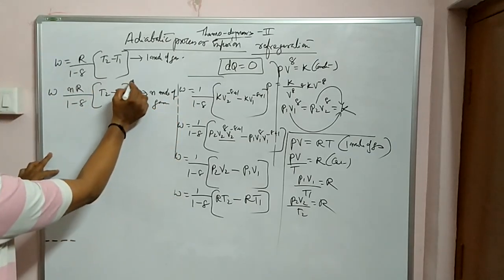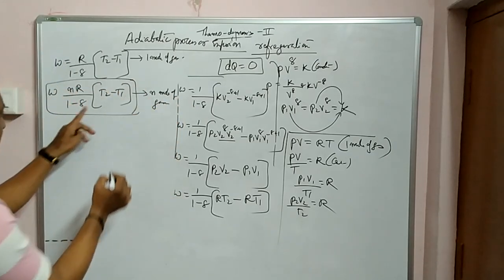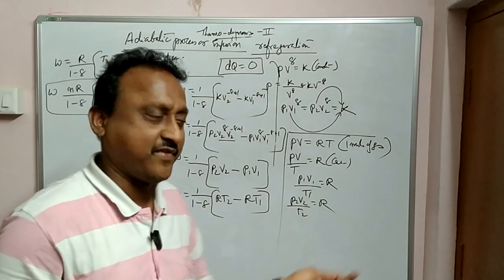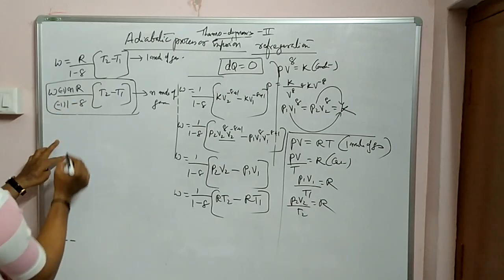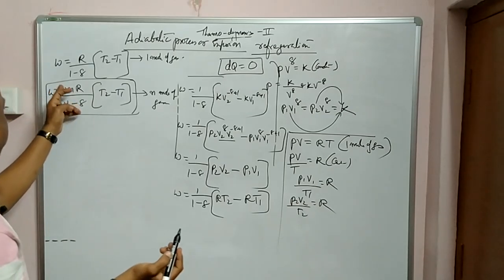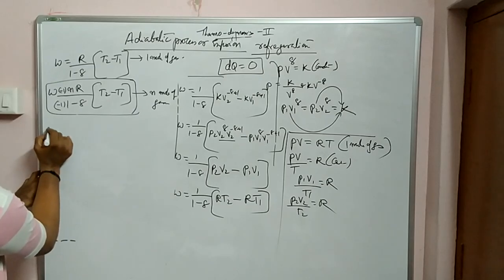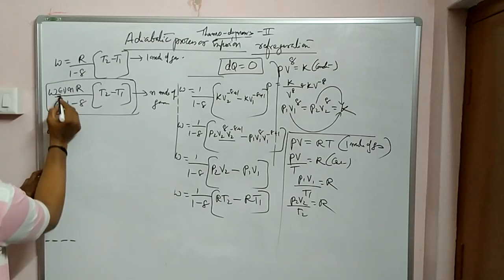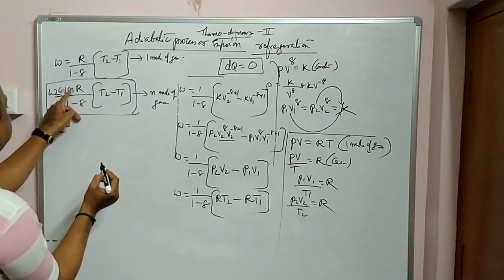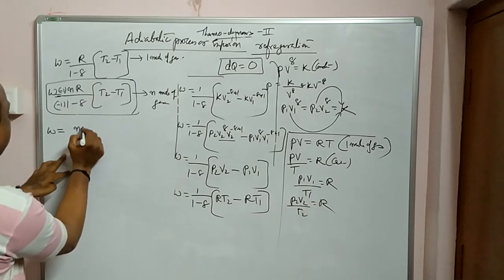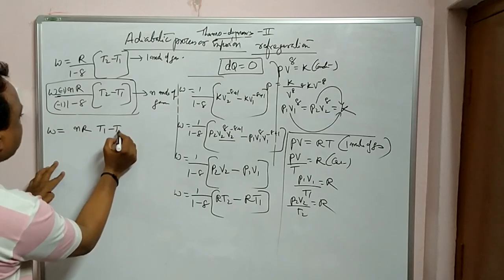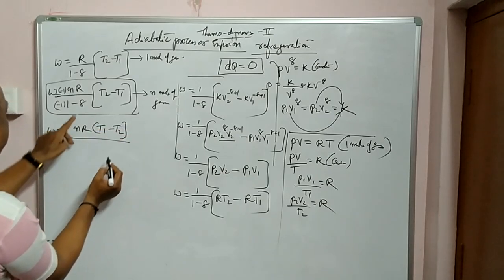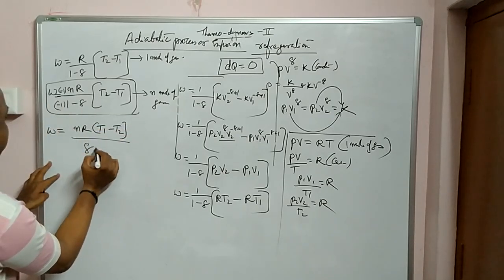This is the adiabatic equation derivation. You can also change the equation into a different form. How? Multiply and divide with minus 1, nothing will be a problem. When you multiply and divide with minus 1, take minus 1 inside, and this becomes T1 minus T2, and below it is gamma minus 1.